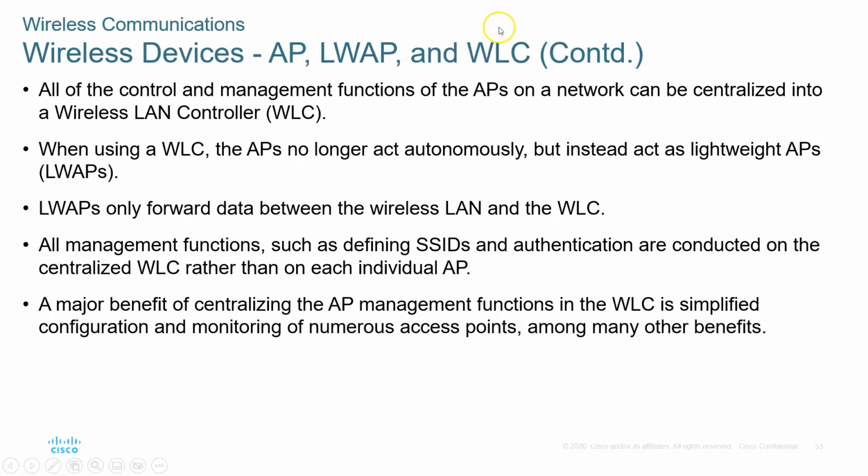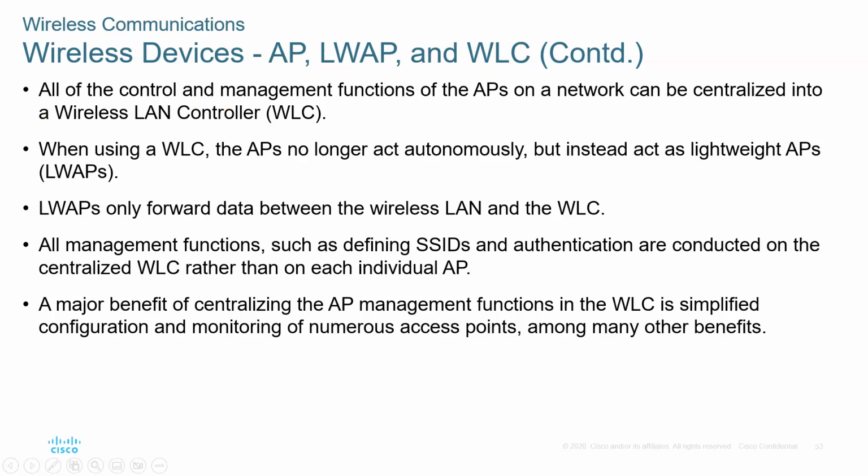You configure the wireless LAN controller, and that device configures all the other LWAPs all over the building. So you can have a whole building connected into a network, but all the LWAPs have to physically connect to the wireless controller, right?